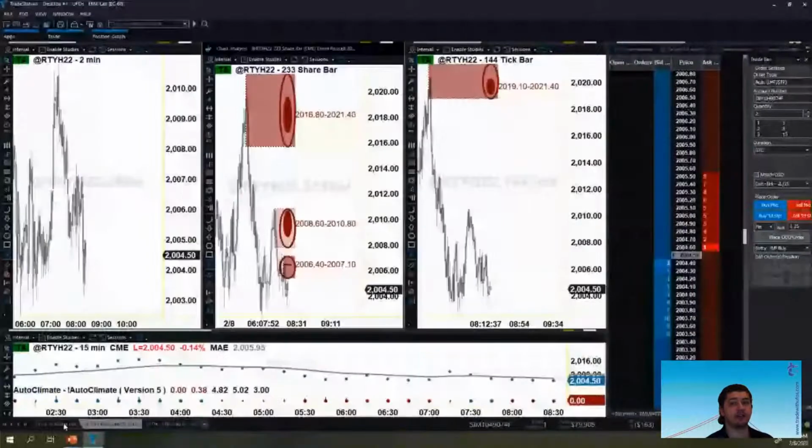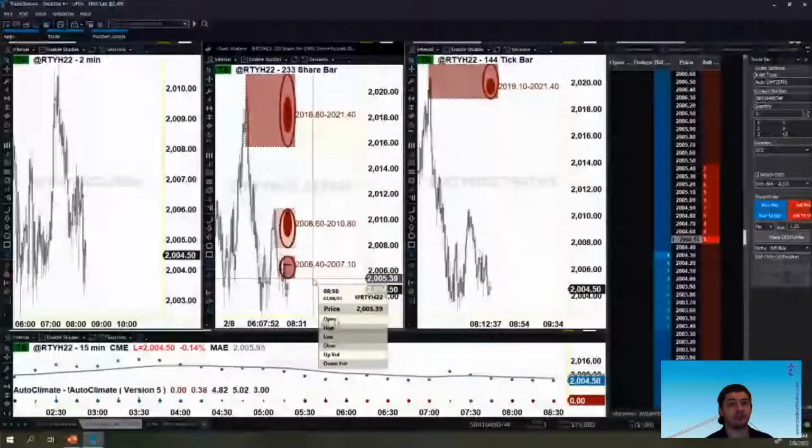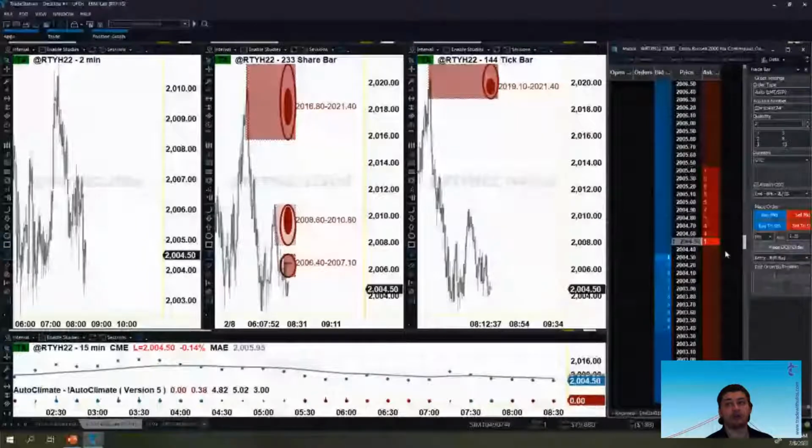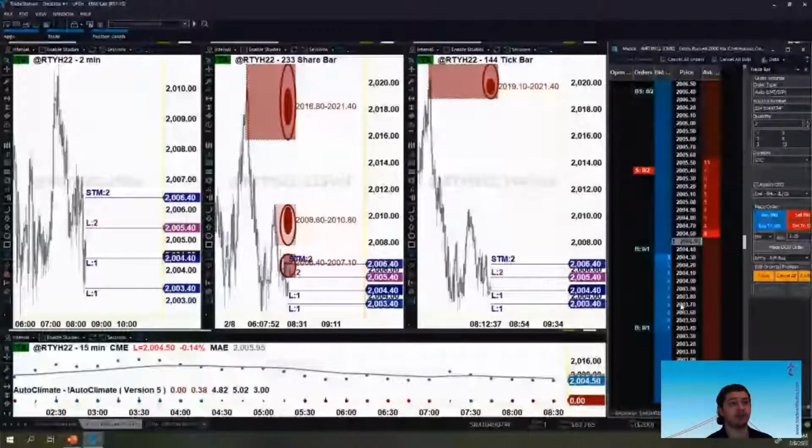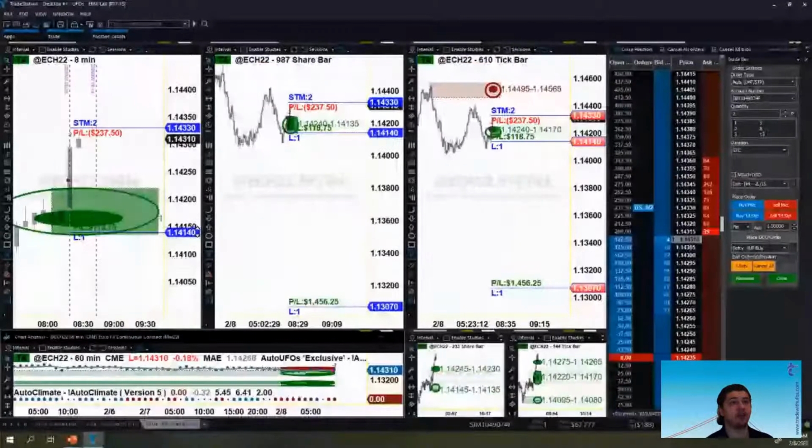Let's take a look and see if we have something on the RTY, and it does look like we do. Yes, we do. So here it is, 2005.4. Now this is something that I also want to be fully transparent about, right? I kind of hope this just stops out so I can get in this trade.